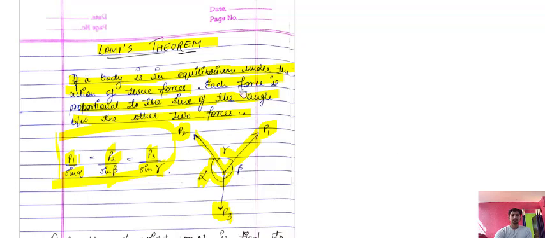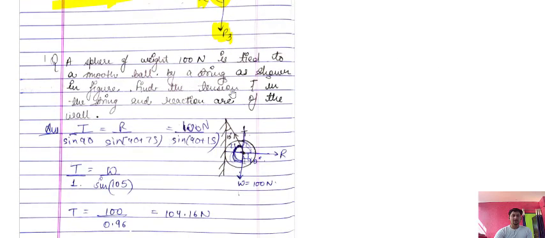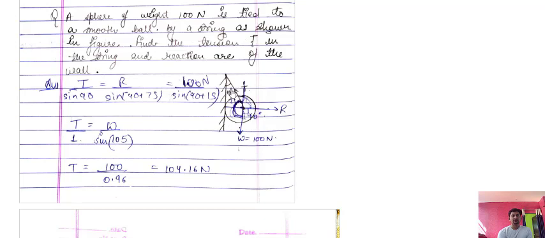Okay, so let us take this example: a sphere of weight 100 Newton is tied to a smooth wall, okay, by a string as shown in the figure. Find the tension in the string and the reaction of the wall.